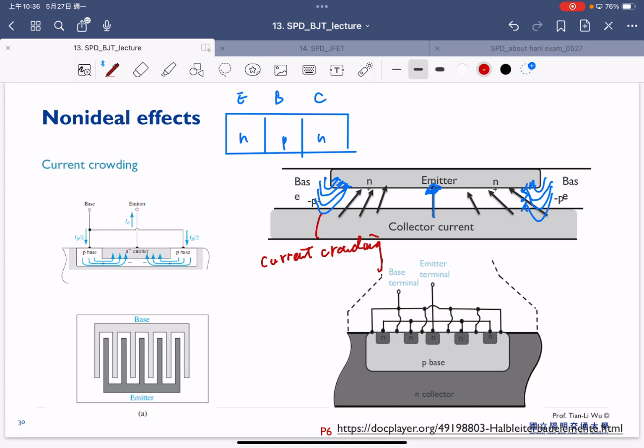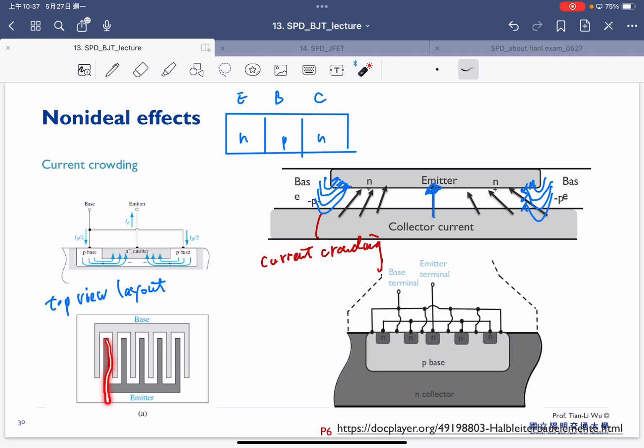And the current crowding effect gives us additional thermal issues, or also resistance issues here. So in the end, we design our BJT by considering this, and this is the top view. You have to imagine that you see this transistor from top to bottom.